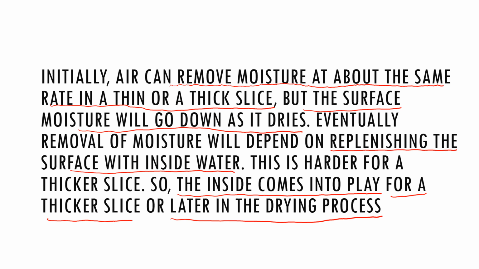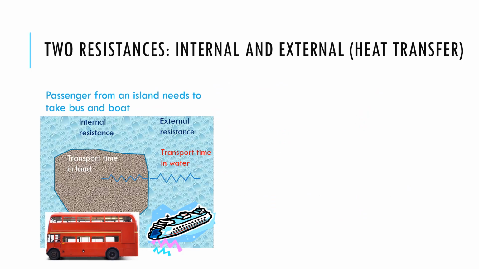We'll see why. To understand these transport processes in a very simple way, let's try to bring an analogy of transport, not of heat or mass, but of people. So let's say I am in the center of this island and I really need to get to here in the water. There are two transport times involved. You first have to get to the edge of the island using a bus or a train or some sort of transportation. And then from here, you need to go to here using some boat or some sort of transport.